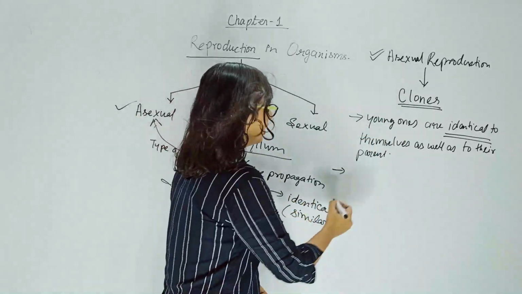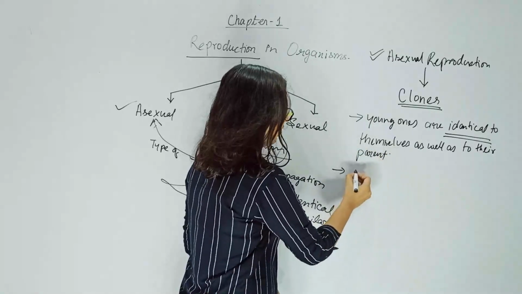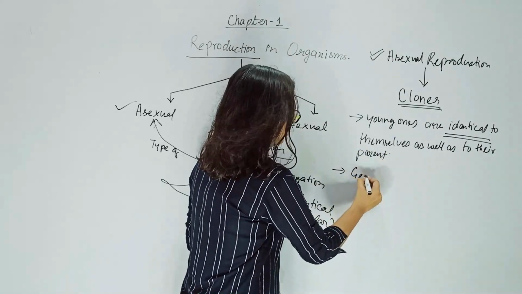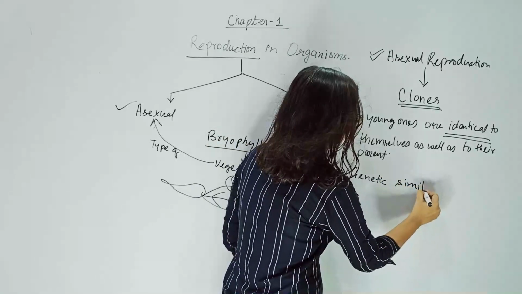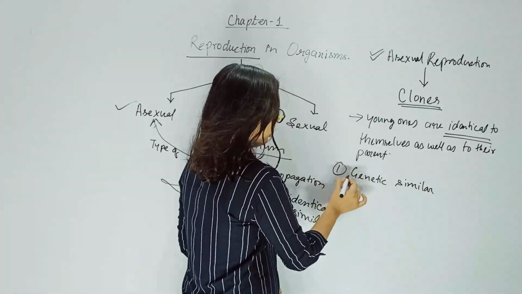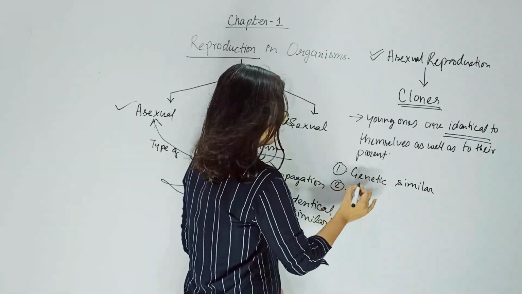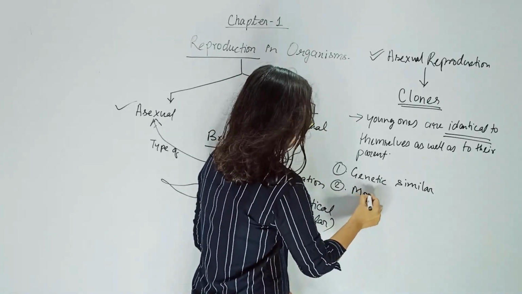So these two criteria, in terms of biology, we can say are genetic similarity and morphological similarity.